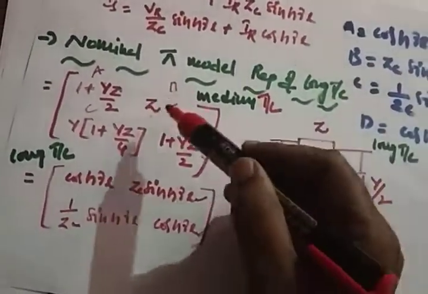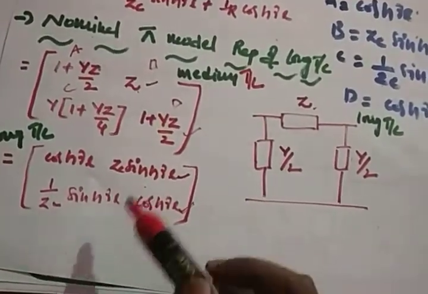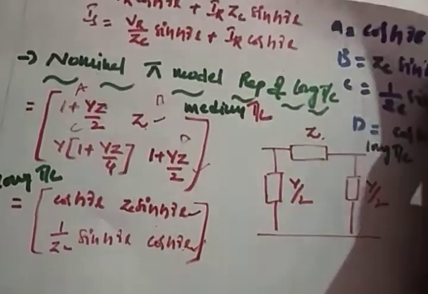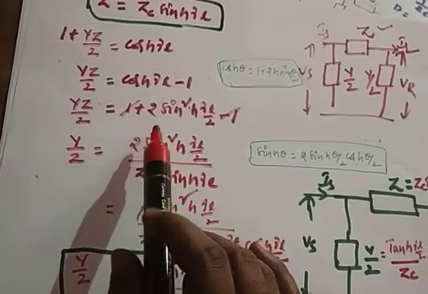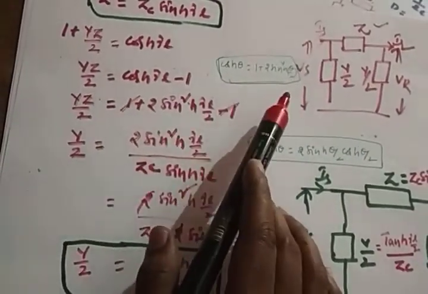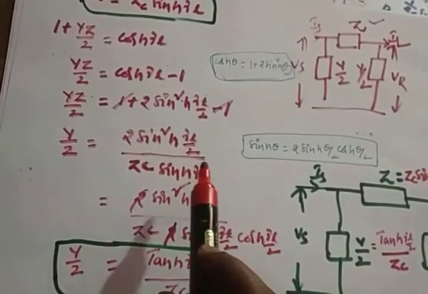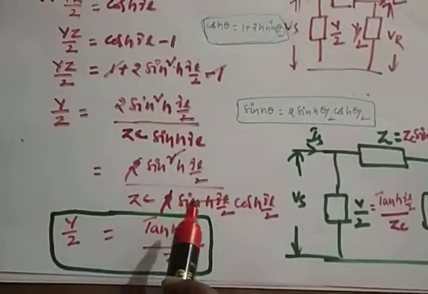So if you derive, this Z is nothing but Zc sinh gamma l. You got the Z value. If you want to find out the Y value, equate 1 plus YZ by 2 to cosh gamma l. So with this you will find out, 1 plus cosh theta can be written as 1 plus 2 sinh square theta by 2, and sinh theta as 2 sinh theta by 2 cosh theta by 2, for our simplification.